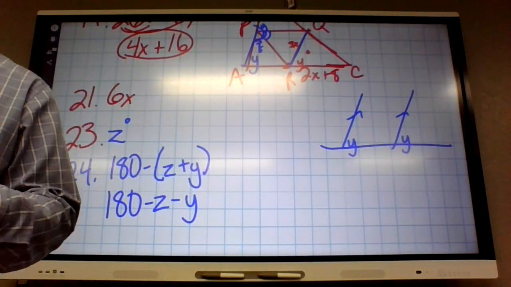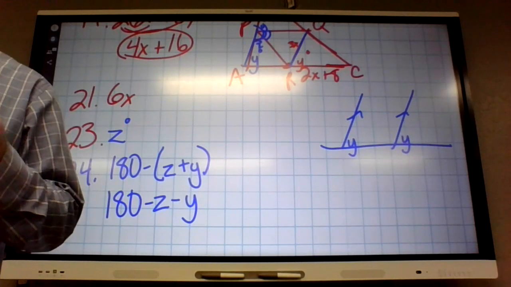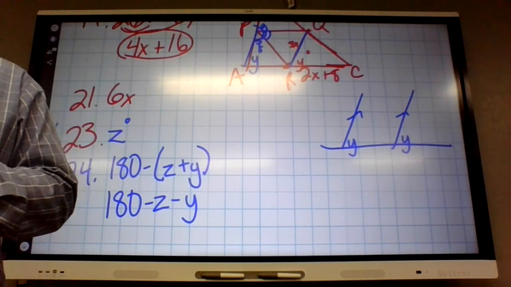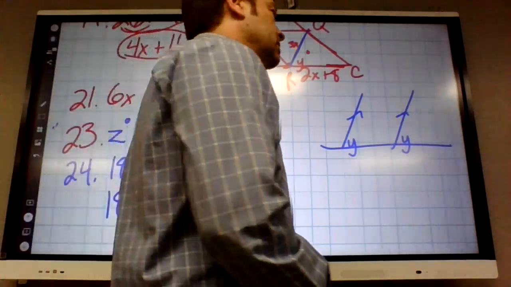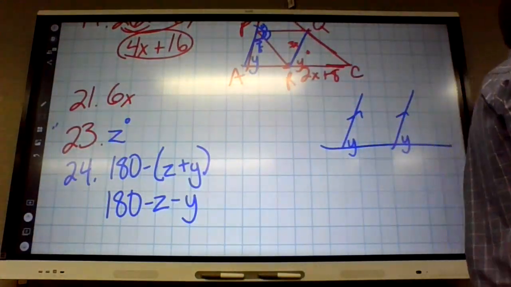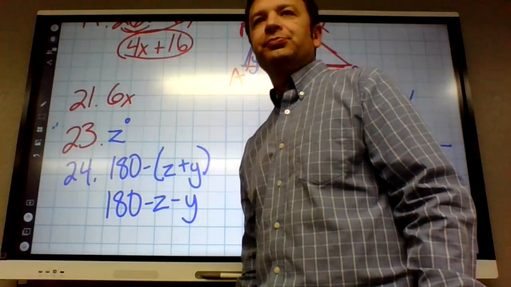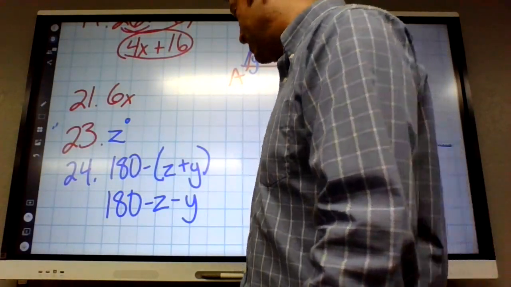I would say the reason is because a vertical line and a horizontal line are perpendicular. How do you spell triangle again? T-R-I angle.